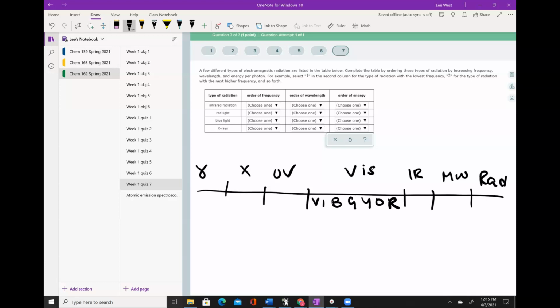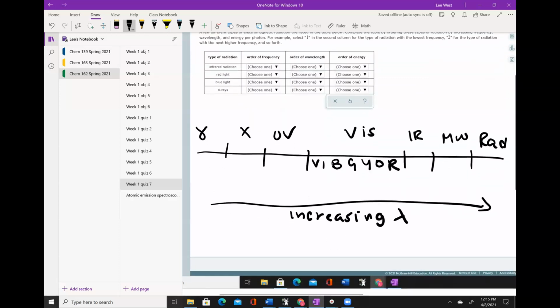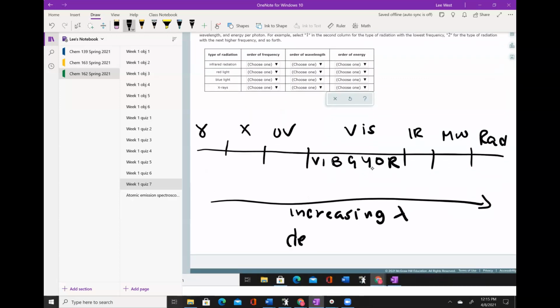And then if we're going to go this way, what are we going to get? We're going to get increasing wavelength, but we're going to get decreasing frequency and energy.